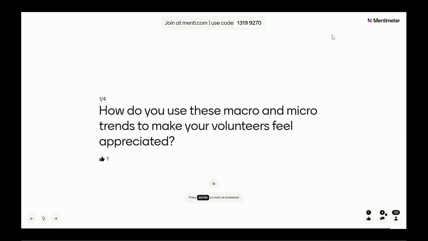So one thing is that we tend to focus so much on the tactical recognition. So it's the service pins, it's the certificates, things like that. But what research shows is that recognition is much more personal, in terms of not only that many volunteers actually don't like public recognition. They don't like being profiled on social media.